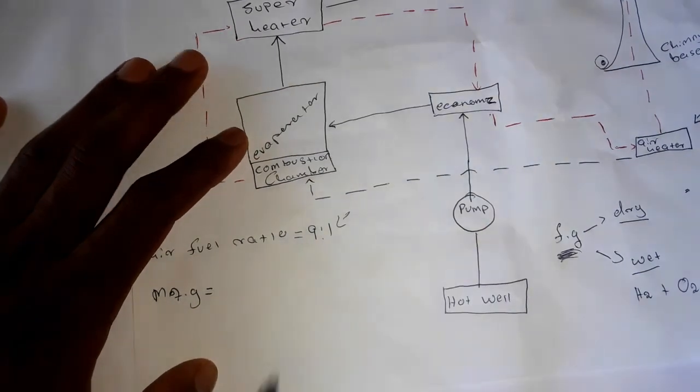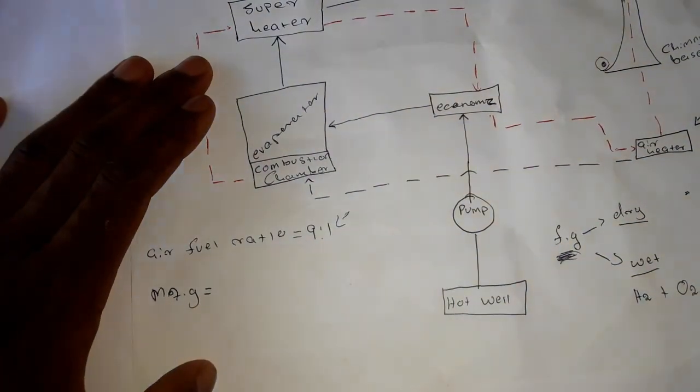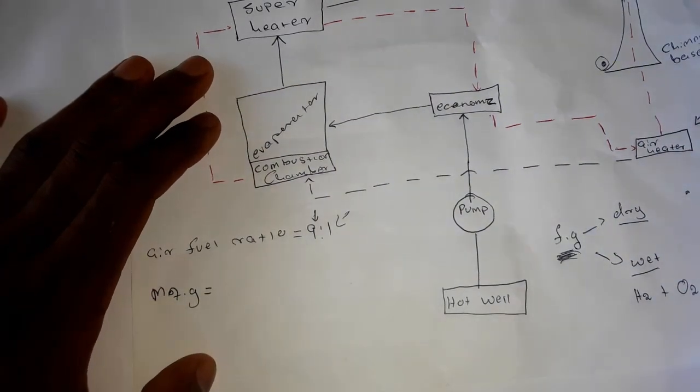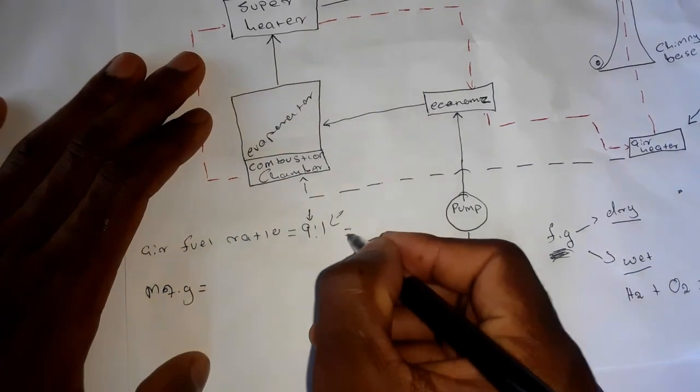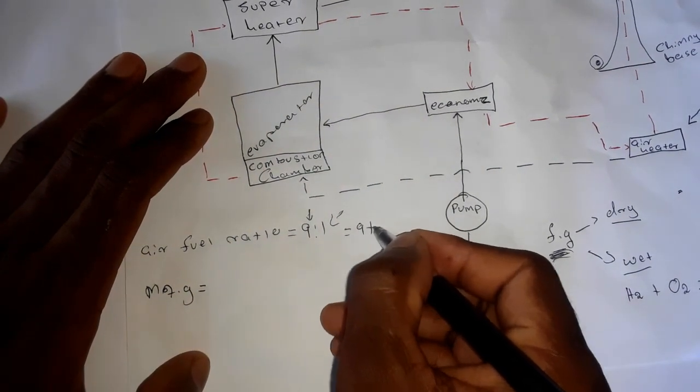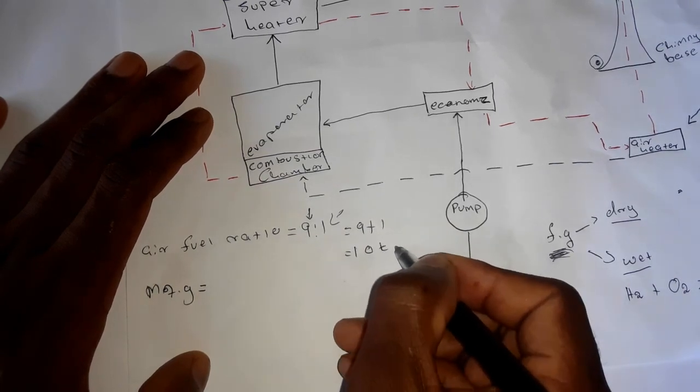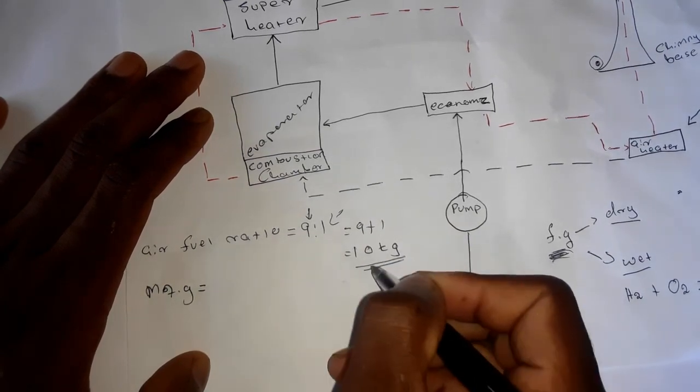And this tells us that for every 1 kg of fuel entering the combustion chamber, it will come with it 9 kg of air, which means this will be 9 plus 1, giving us the total mass that is in the combustion chamber as 10 kg.